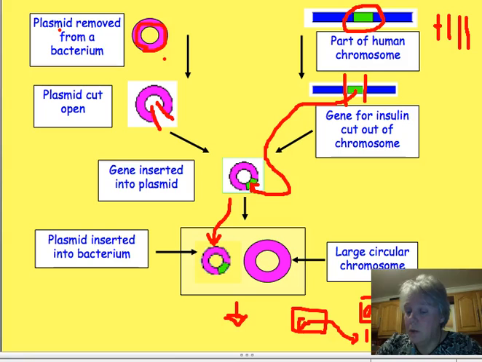And the bacteria are grown up. By grown up, what I mean is they're grown in these fermenter conditions, in these big vats, and they multiply and you produce lots and lots of this useful substance, insulin.